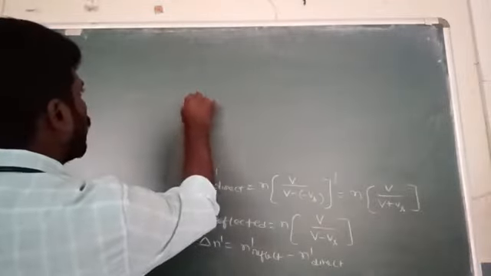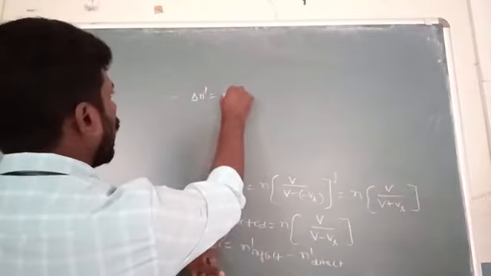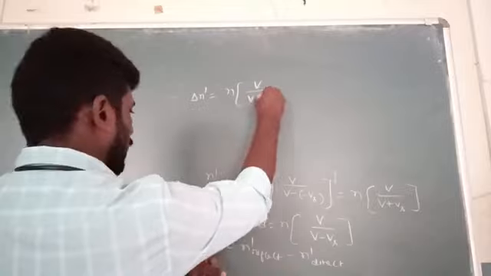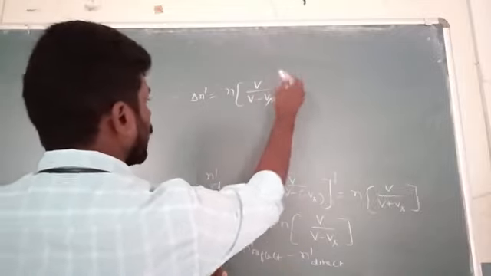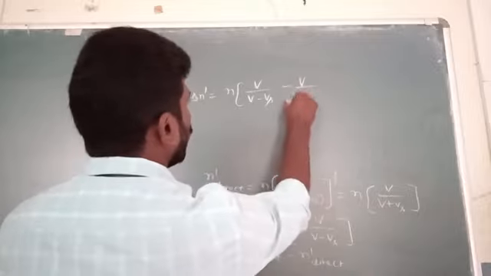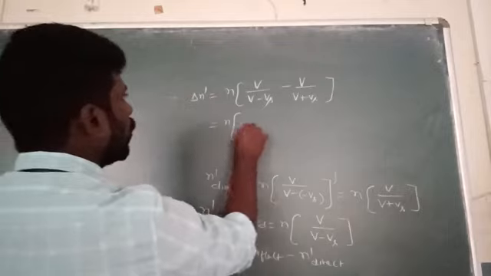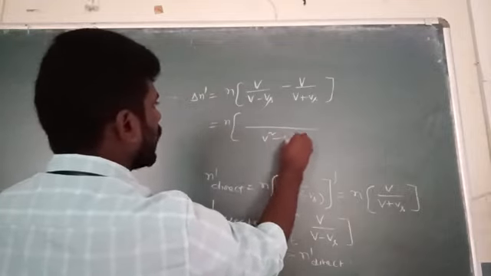Substitute here. Delta n dash equal to n into V by V minus Vs, minus V by V plus Vs. Taking the LCM, n into V square minus Vs square.